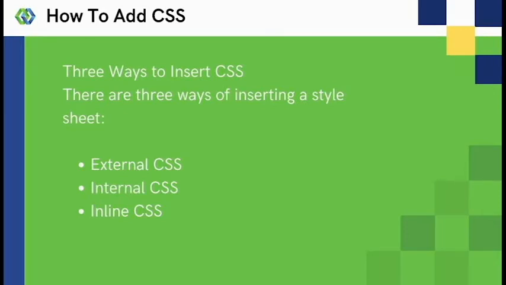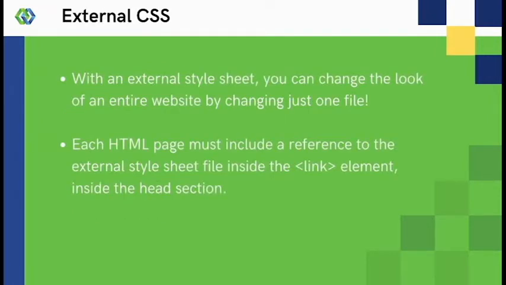Okay, next is how to add CSS. I think we have already tackled this in a previous topic. There are three ways to insert CSS: the external, the internal, and the inline CSS. When you say external, with an external style sheet, you can change the look of your entire website by changing just one file.